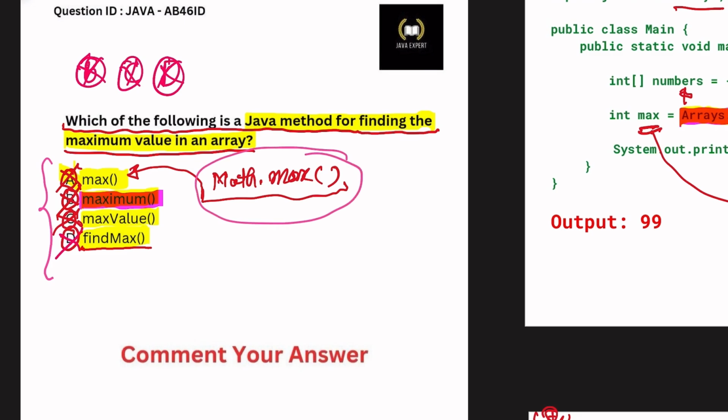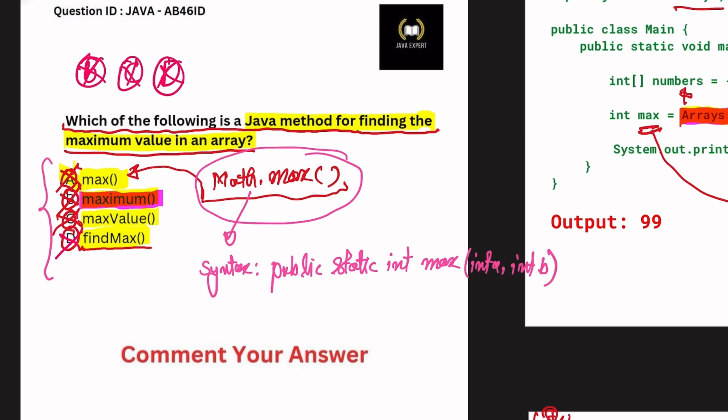Math dot max in Java is a built-in Java method used to compare two numbers and return the largest one. If I write the syntax for the Math dot max function, it is like public static int max(int a, int b).